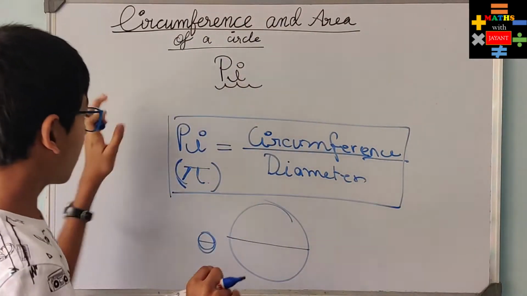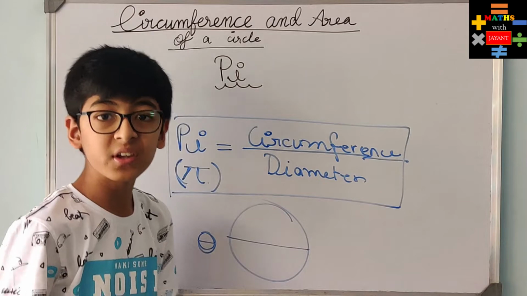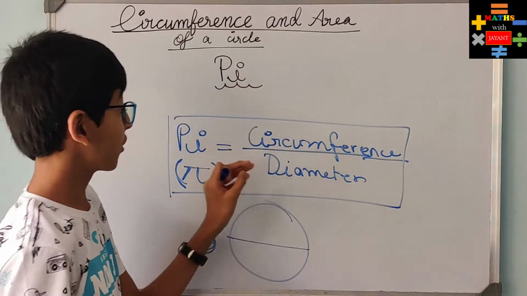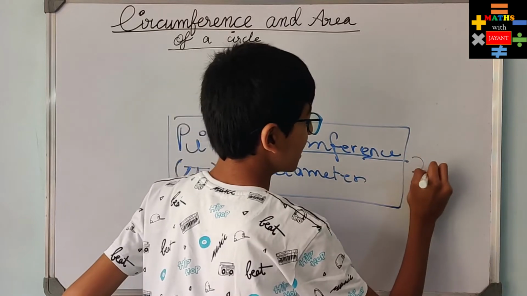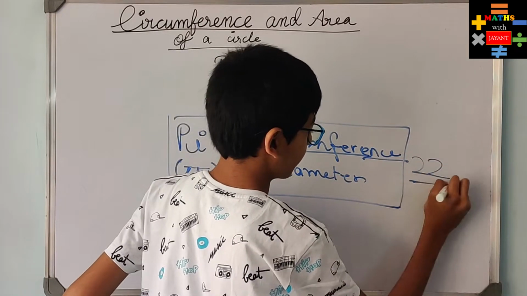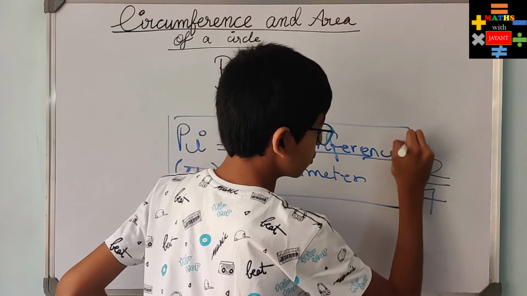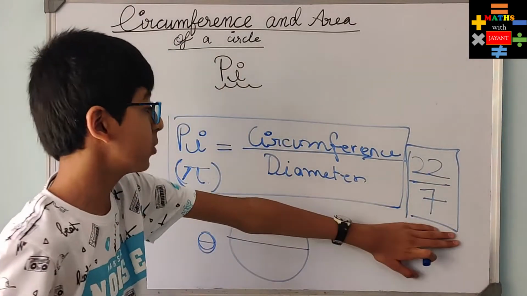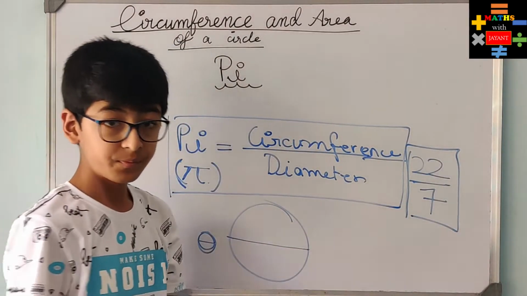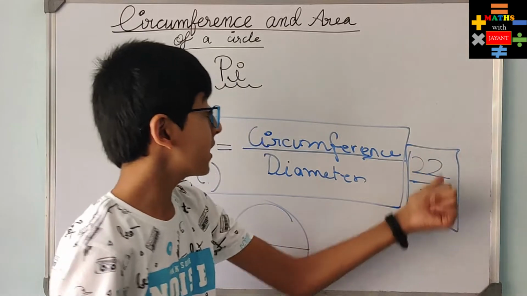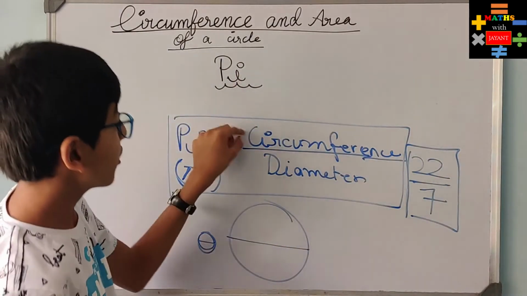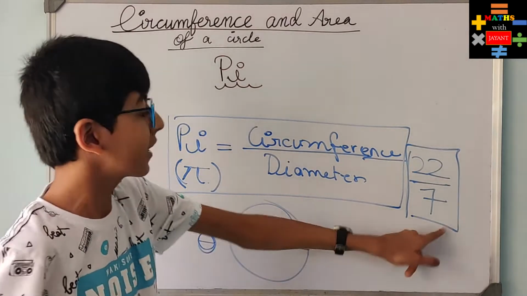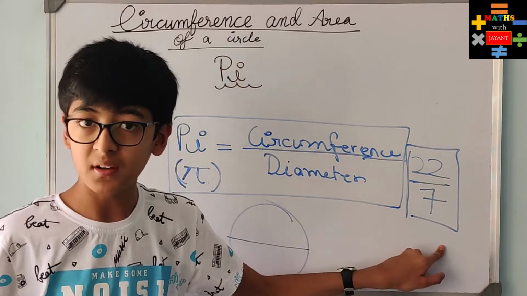Now, what value do you actually get when you divide the circumference by diameter? We get the value 22 by 7. This value is equal to pi. Once you divide the circumference by diameter, you will get this number, and this number is pi.